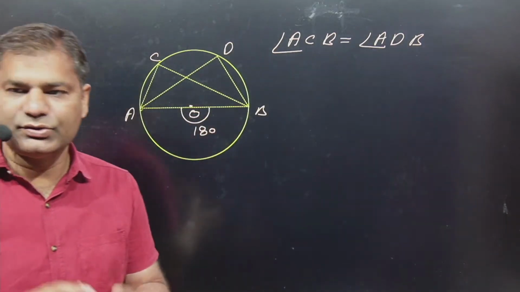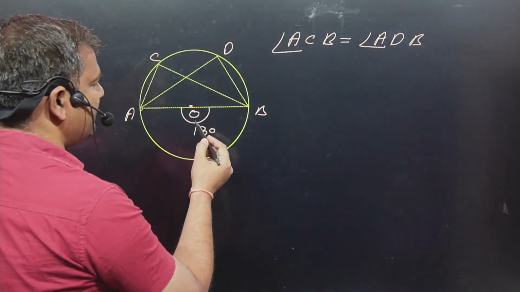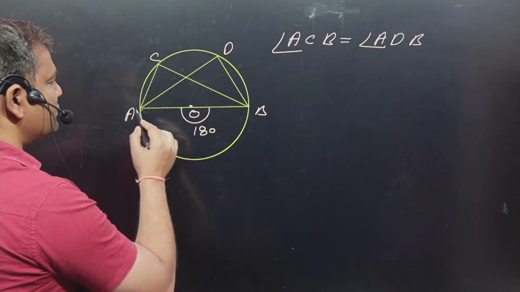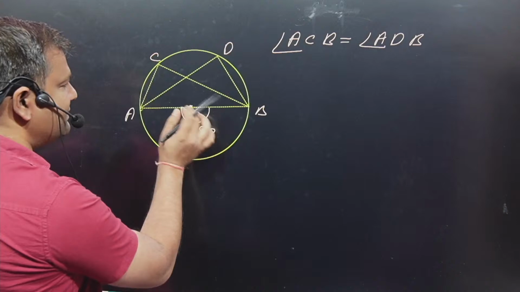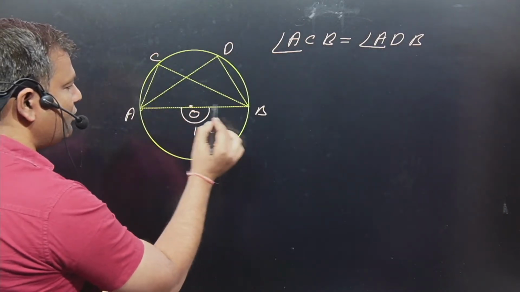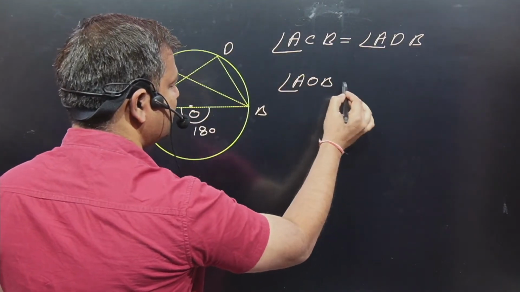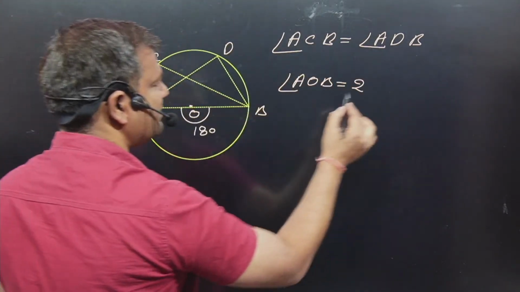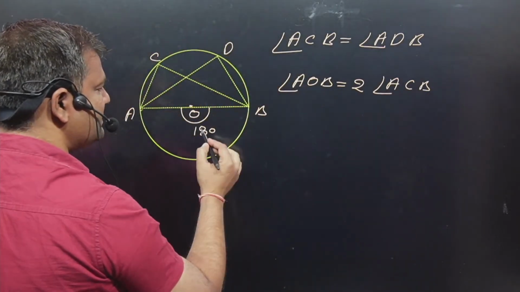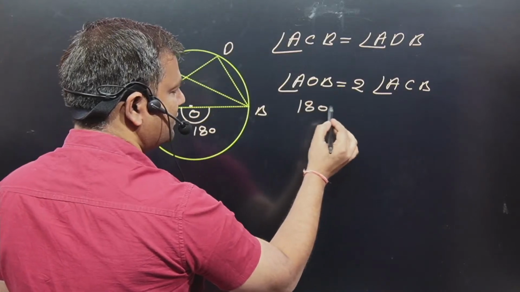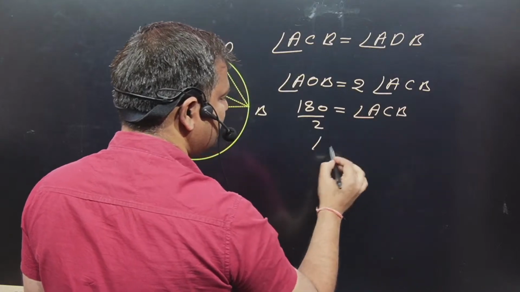So according to the previous concept, AOB will be equal to 2 times angle ACB. And AOB is 180, so 180 by 2. So ACB is basically 90 degrees.